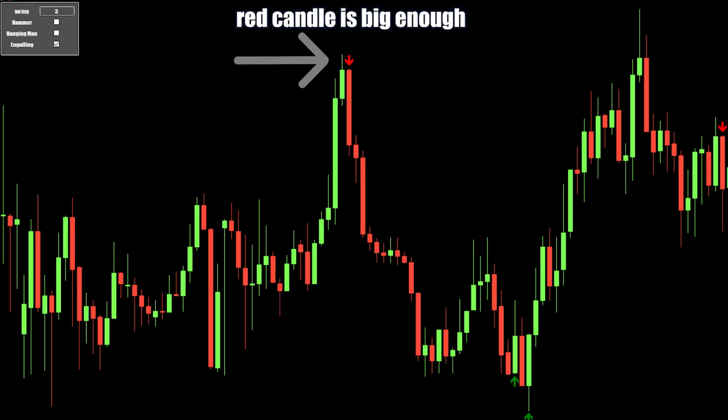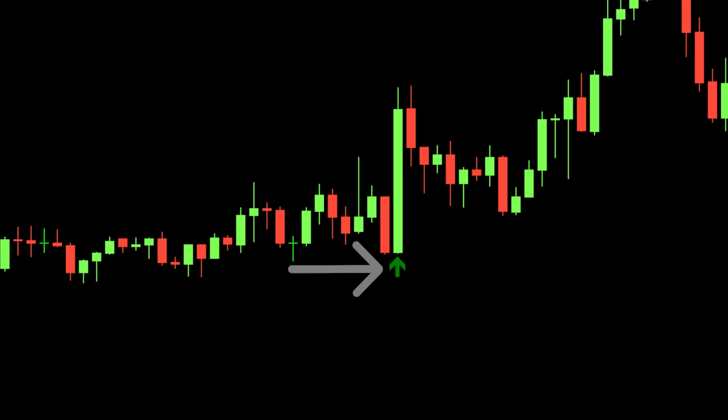Certain conditions increase the strength and the reliability of engulfing setups. First, the bodies of these two candles must be significantly bigger than previous ones, meaning that these two candles should be among the top 10% largest candles in the last 100 candles. Second, more than 75% of the candles should be the real body, not wick.